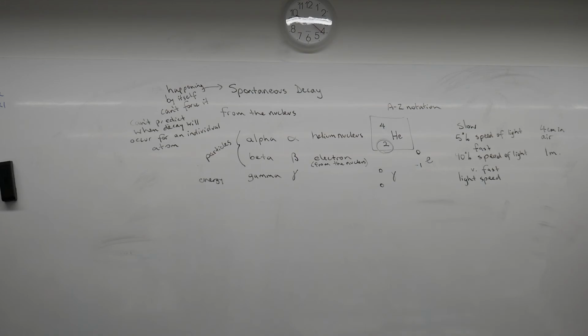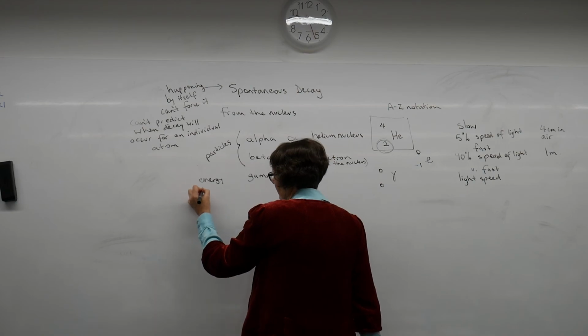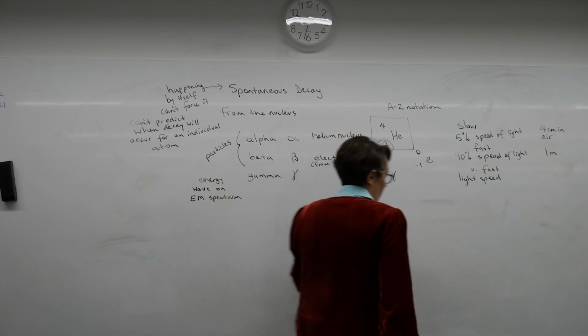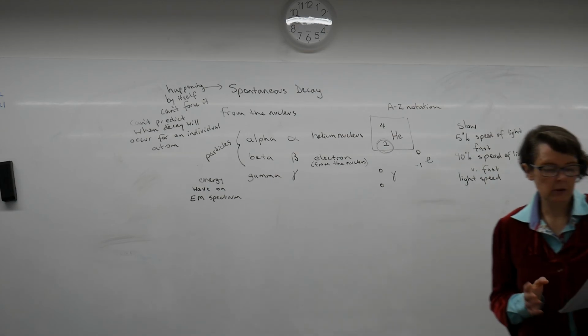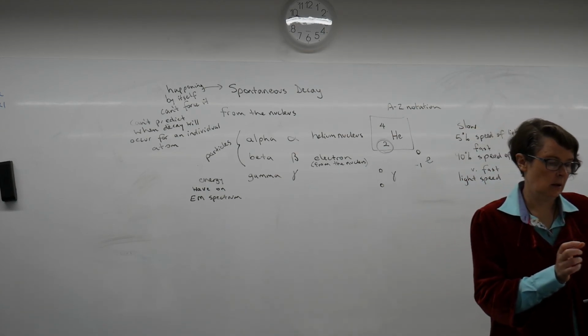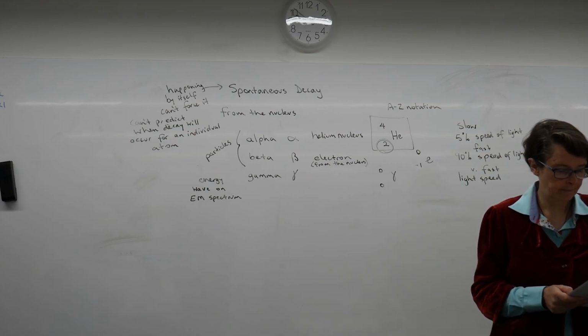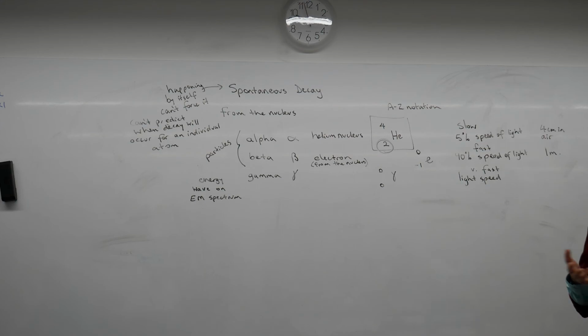So it can, because it's a wave, it's able to have a high range, and it's very difficult to stop. 2 centimetres thickness of lead or 2 metres of concrete to stop gamma. So it has a very high penetrative ability.